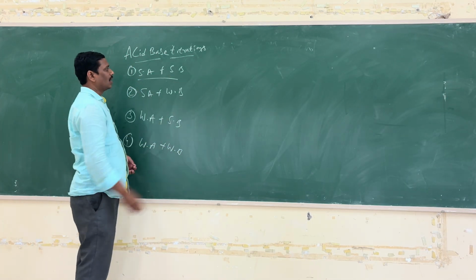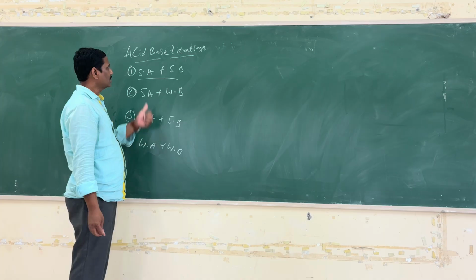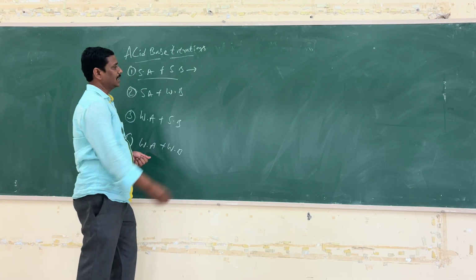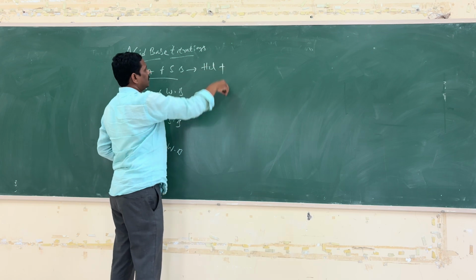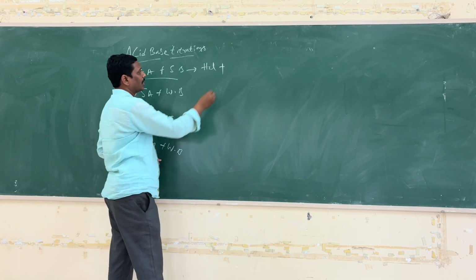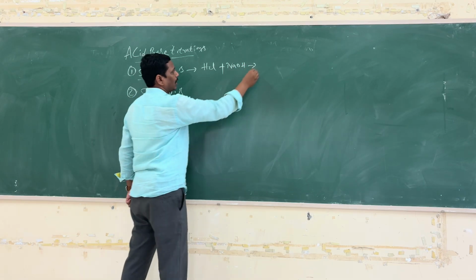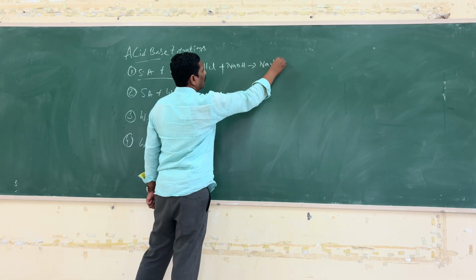First category, strong acid versus strong base. A simple general example: strong acid HCl is reacted with strong base sodium hydroxide to form the salt sodium chloride.